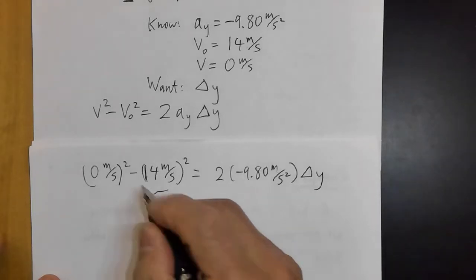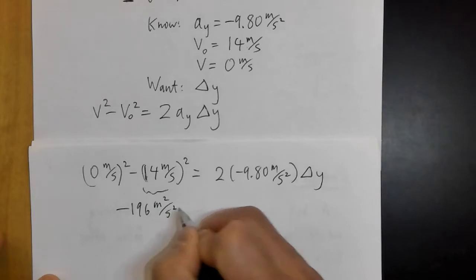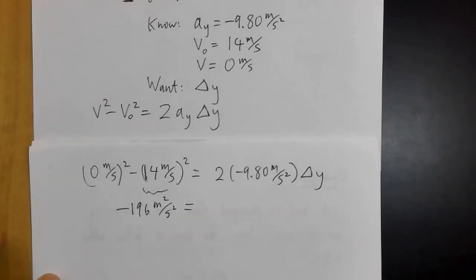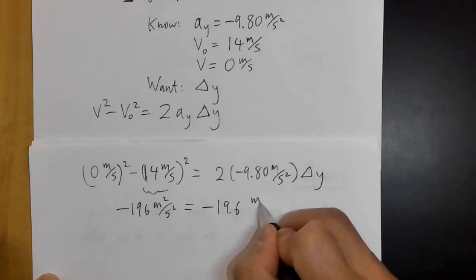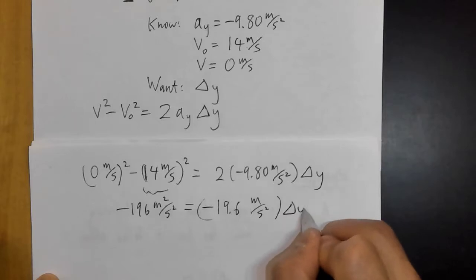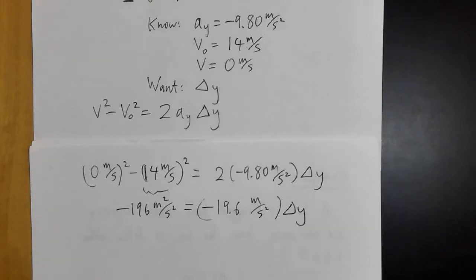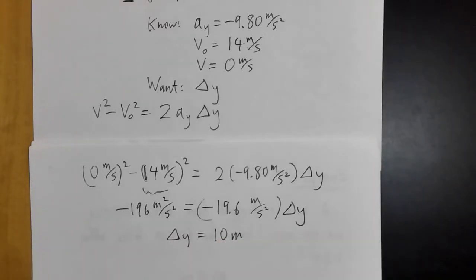So with the minus sign, it's going to be negative 196 meters squared per second squared. And it turns out the numbers end up kind of cool here. You get negative 19.6 times delta y. And you can do that division in your head. It ends up being delta y is equal to 10 meters. Any questions about this?